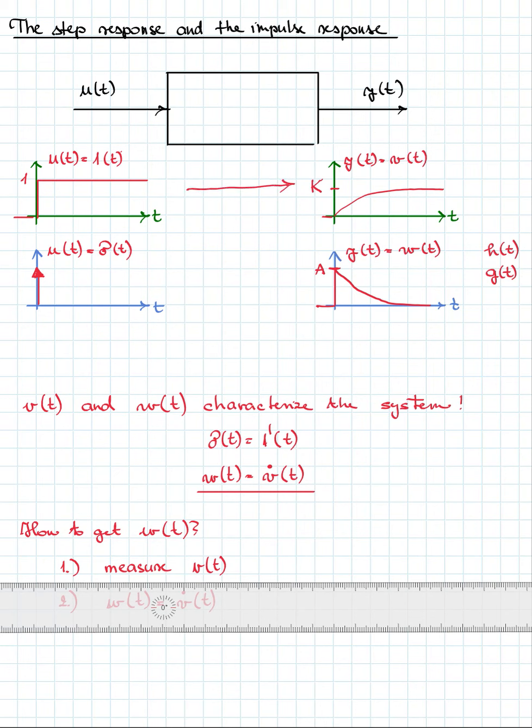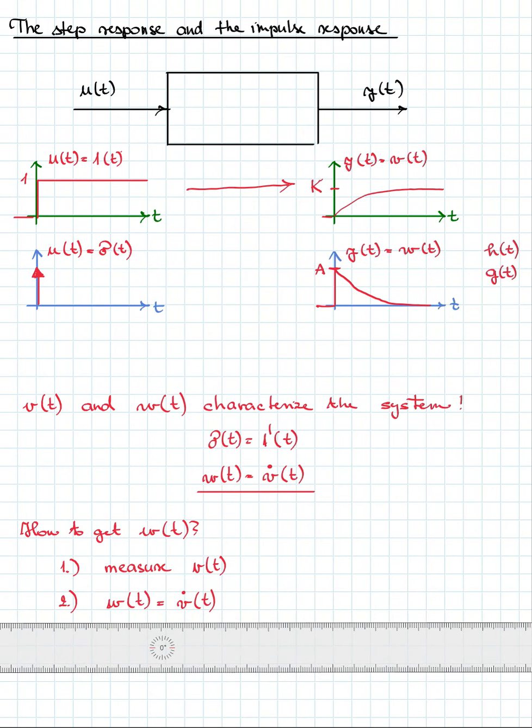If we can measure it, the next step is to take the time derivative of v of t, and we have w of t. And we can use w of t as the characterization of the system. So usually this is the first step, and this is the second step to get the w of t.